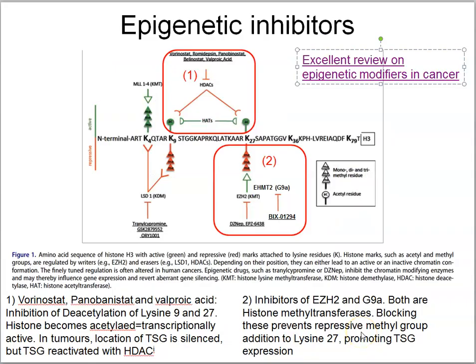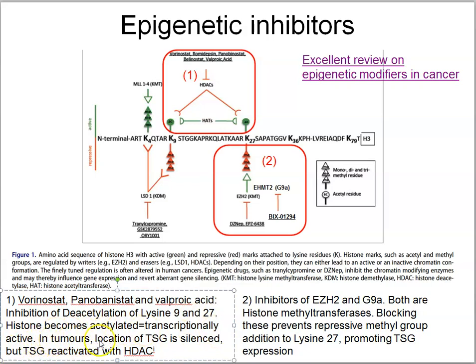But there are two main groups of drugs which are either being used or being trialled as anti-cancer therapies, and those are the HDAC inhibitors, which are the histone deacetylase inhibitors. The way they work is to inhibit deacetylation of lysine 9 and lysine 27. So if histones become acetylated, they become transcriptionally active.